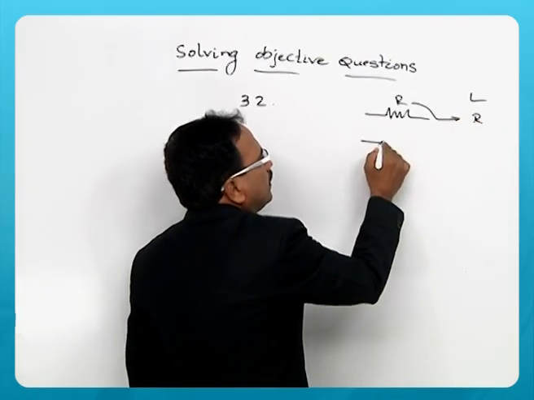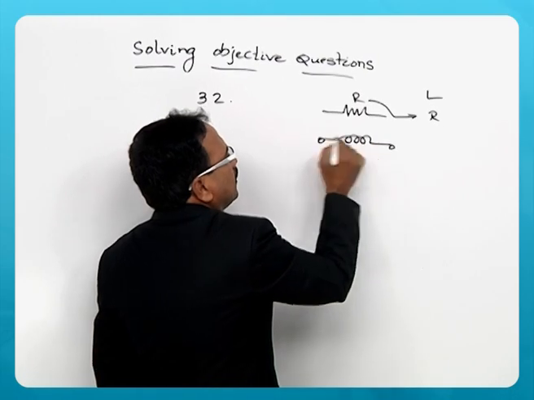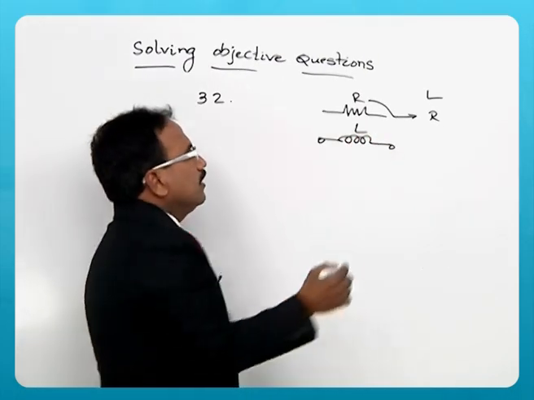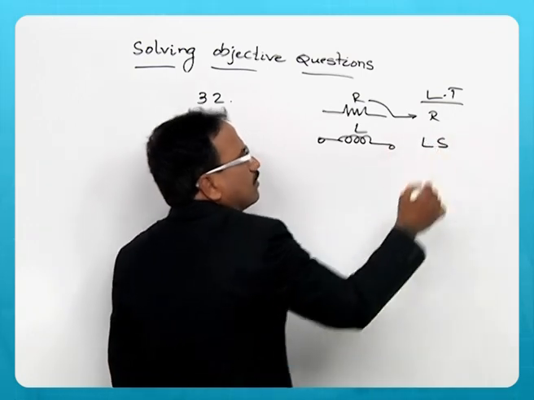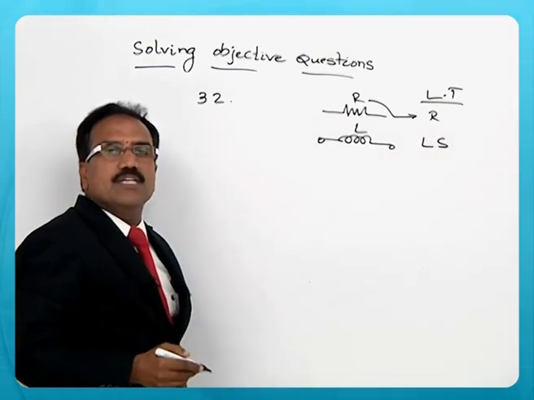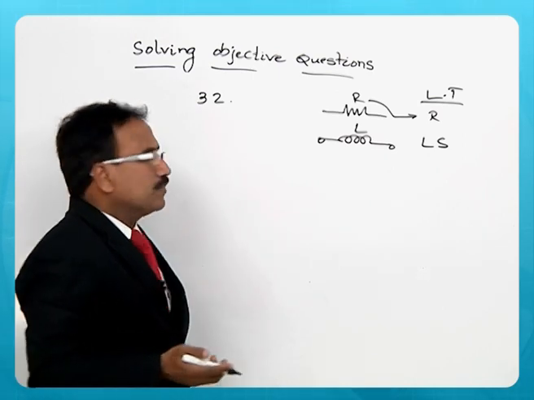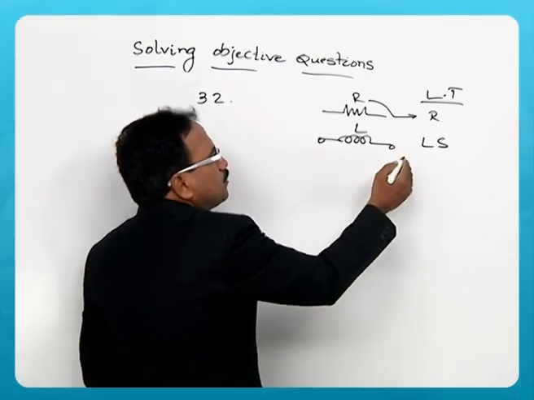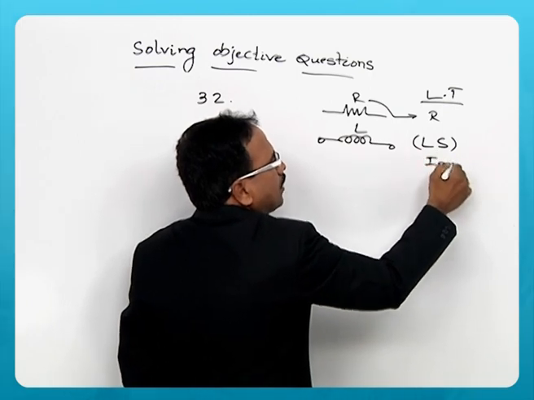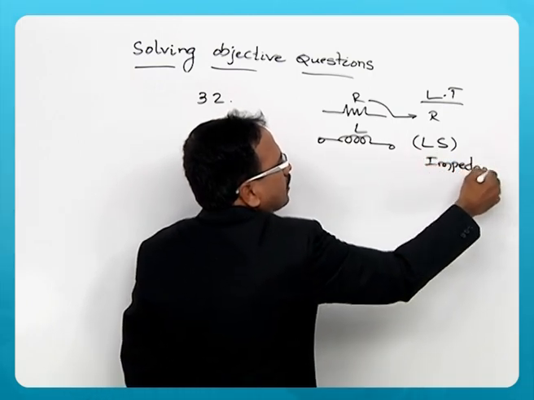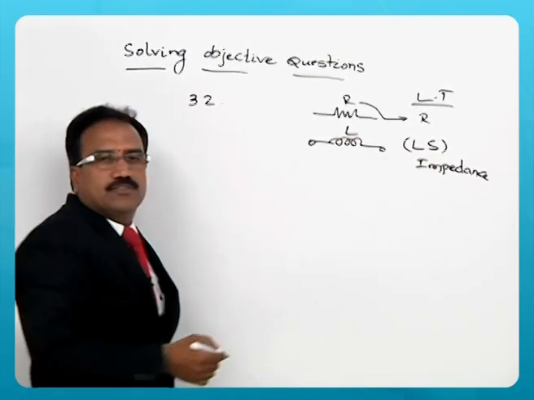If it is an inductor, L, then Laplace transform of inductance will be Ls. It is known as Laplace impedance, and that's why Ls is the impedance, Laplace impedance, whereas L is inductance.